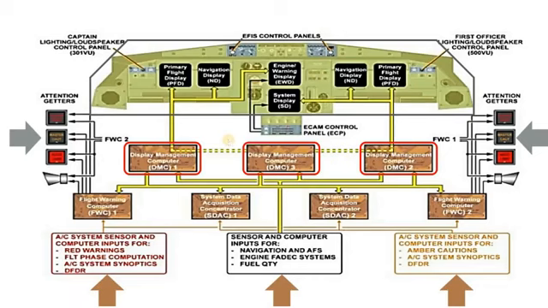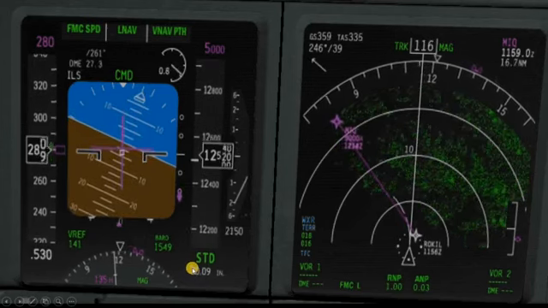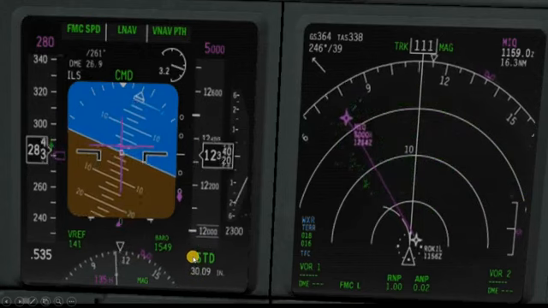Now you have good information about the electronic flight instrument system, how it works, how it gets different information from the different aircraft systems, and what is the role of the display management computers.